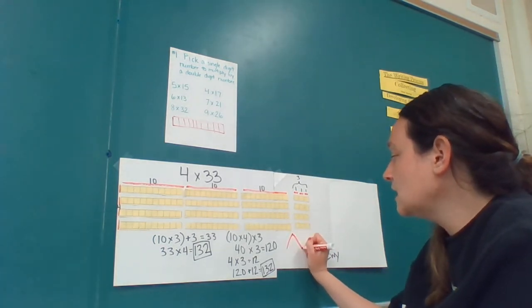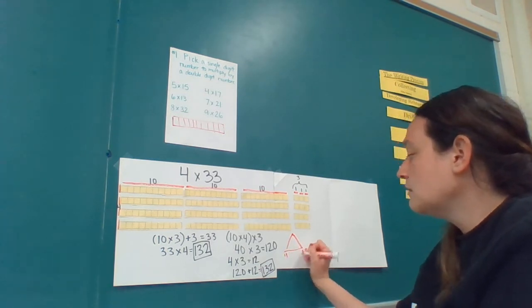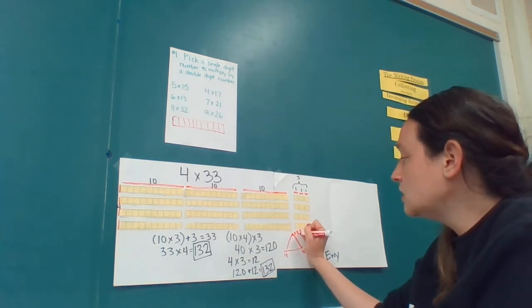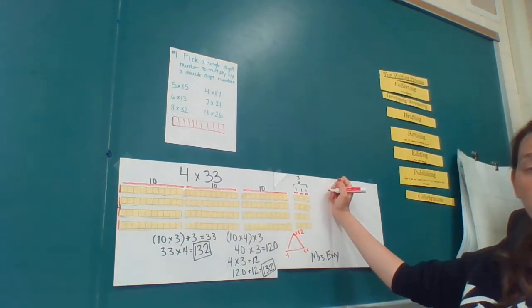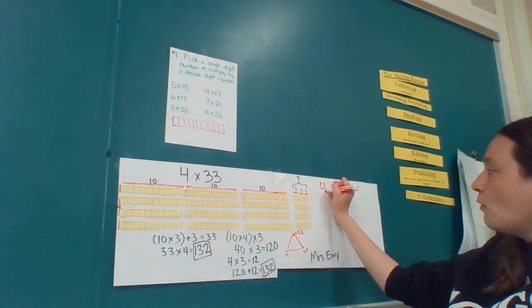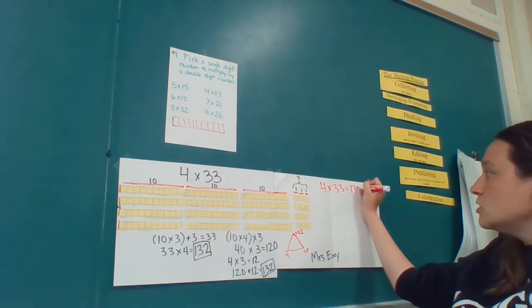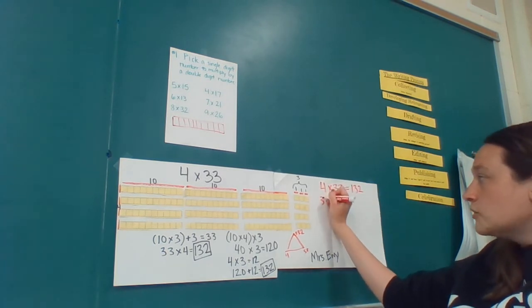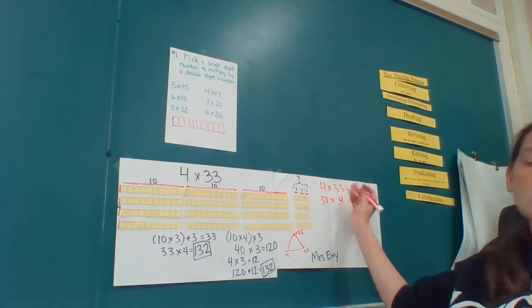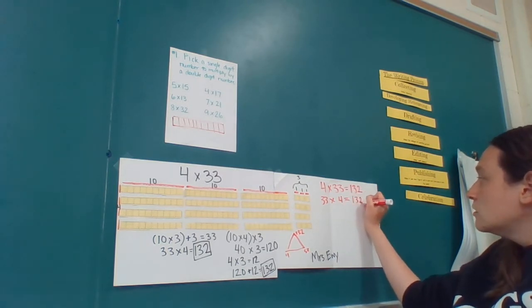I know many of us have seen it kind of as a triangle. So I have 4, 33, and we know that gave us 132. So for my multiplication, 4 times 33 equals 132. 33 times 4, you just flip them, 132.